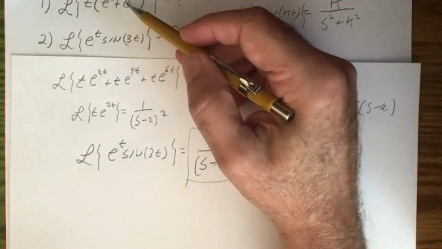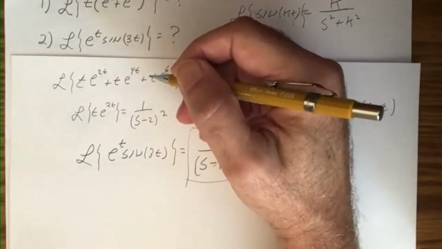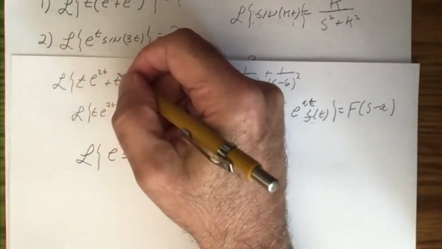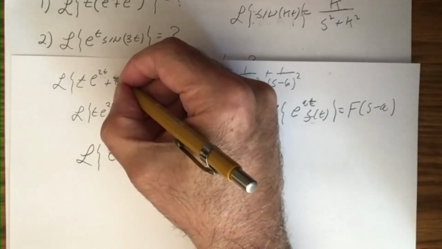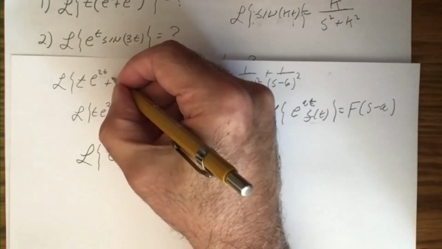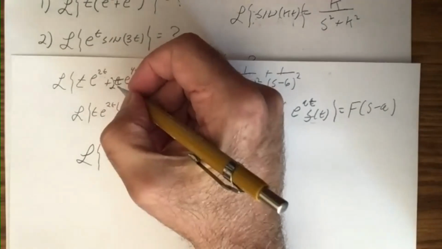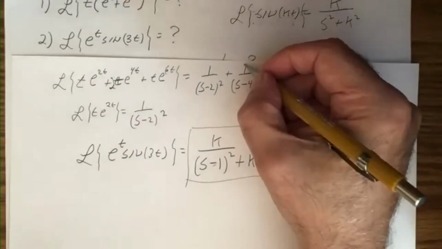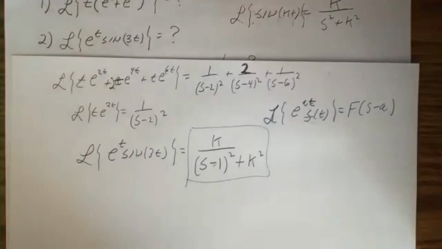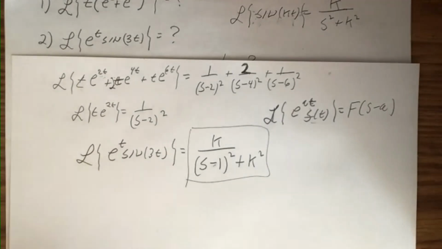This is going to be this times this. Oh yeah, you're right. There's a 2t here. You're right. So yeah, there's a t here and a 2 here. Good. 1 point off for me. All righty, thank you.